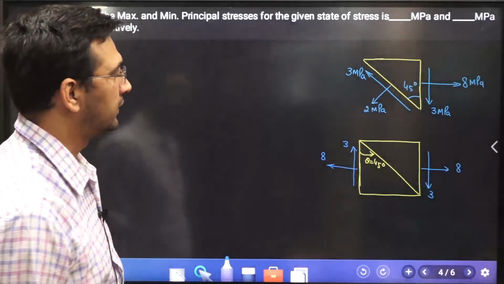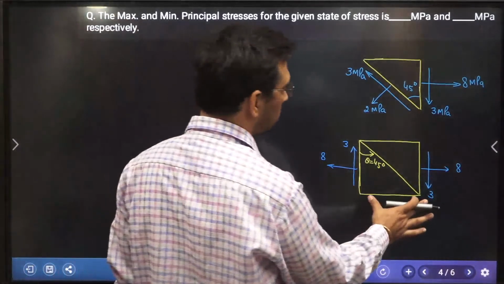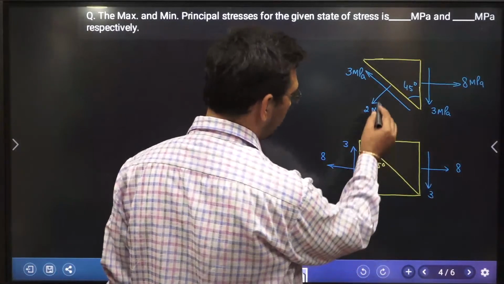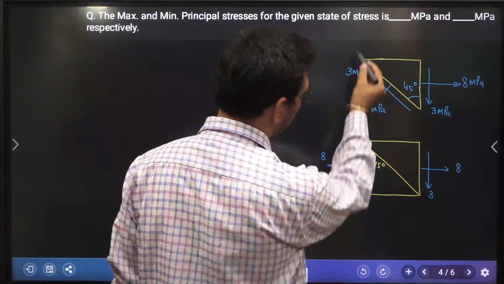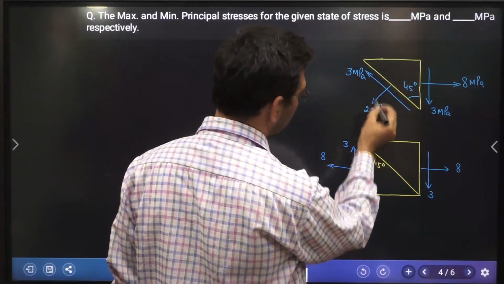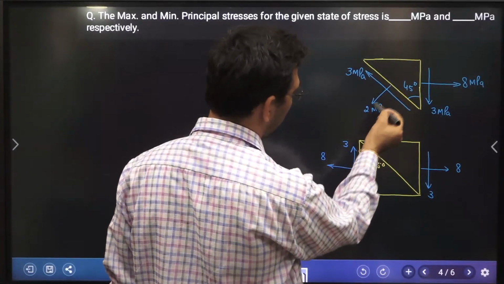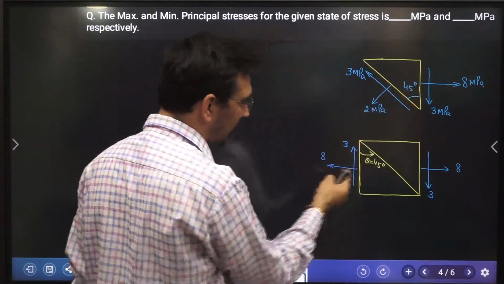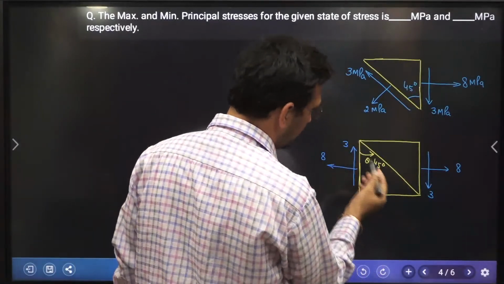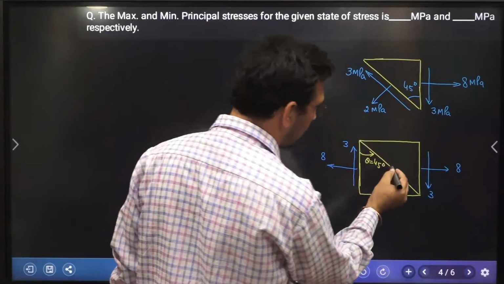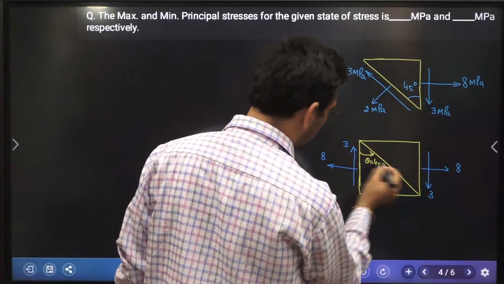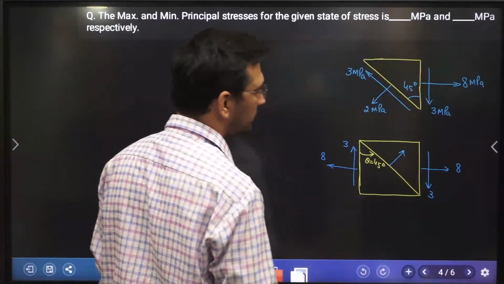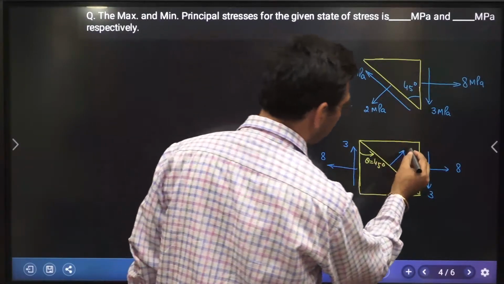Now what do I need? I don't know this x and y on this element now. I know that on this inclined plane, which is this one, you have 2 megapascal and 3 megapascal. 2 megapascal is tensile. If you see this plane, 2 megapascal is tensile. So if I have to represent over here, if I am considering this element, then it will be tensile. How do I have to show the tensile? I have to show the tensile this way. So it is 2 megapascal.